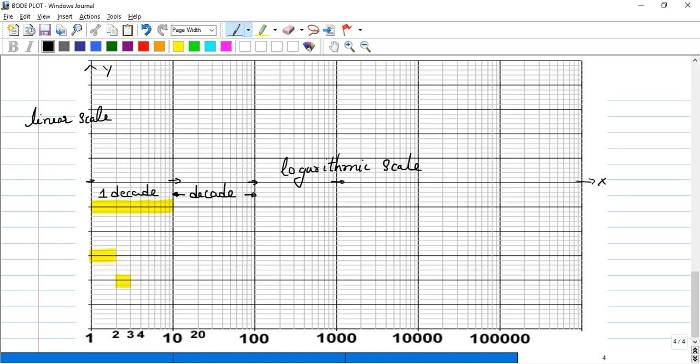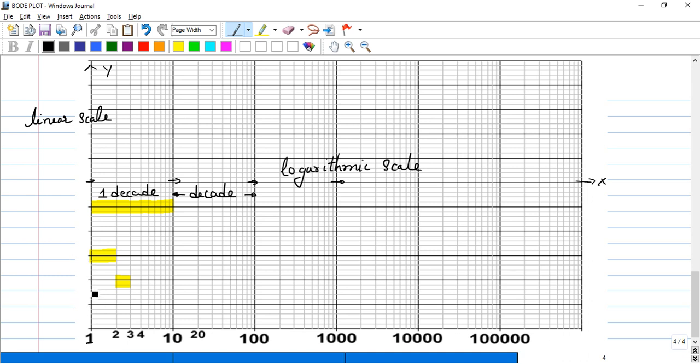And if you notice here, it has started with 1. The main reason is that if you substitute, it could be 0.1.